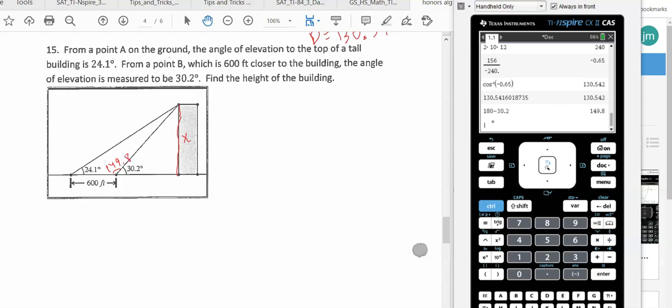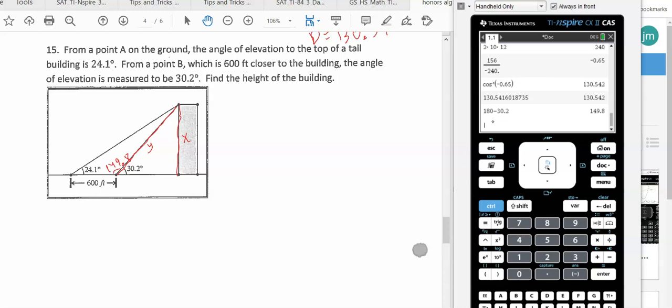That might help us. I see that there are two triangles there, at least. It'd be nice to be able to find y. I don't know if we can, but that would be ideal.